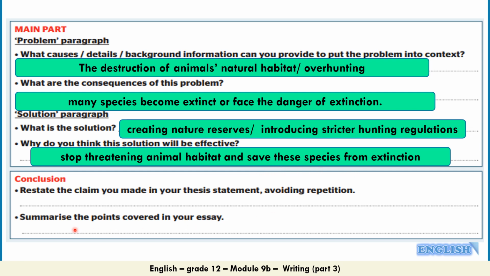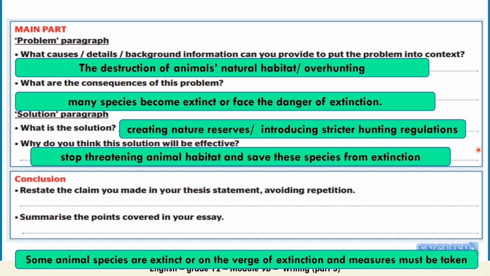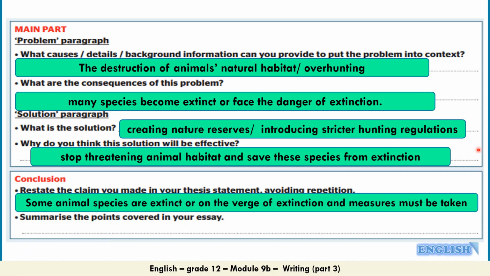In the conclusion, you are going to restate the claim you made in your thesis statement, but you should avoid repetition. And then you summarize the points covered in your essay. We can say, for example, in the first one, some animal species are extinct or on the verge of extinction, and measures must be taken.